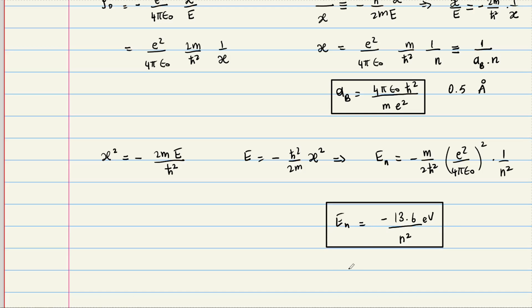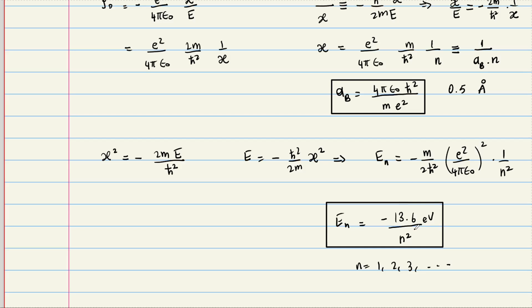And I remind you here, n is equal to 1, 2, 3, and so on. This is exactly the result you get from Bohr quantization, where angular momentum is quantized, and we put it in the energy expression, and it gives us exactly this relation.